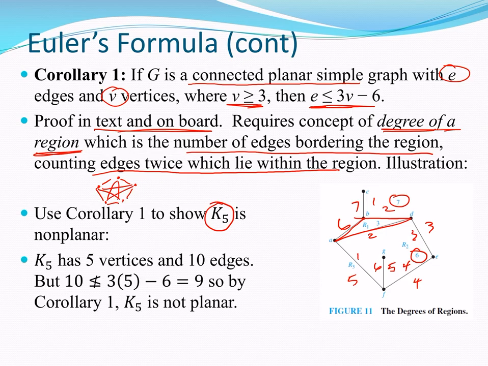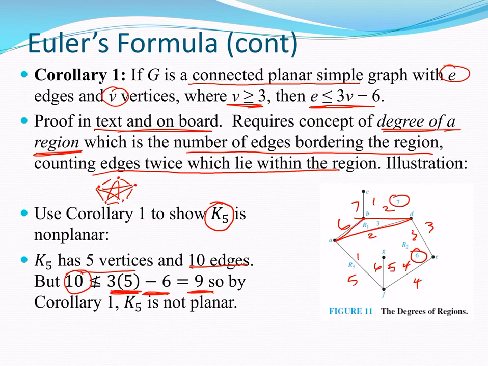And it has 5 vertices and 10 edges. So we'll do the right-hand side of our formula from Corollary 1. 3 times the number of vertices is 15, minus 6 is 9, but 9 is not greater than or equal to 10, so it cannot be a planar graph by Corollary 1.